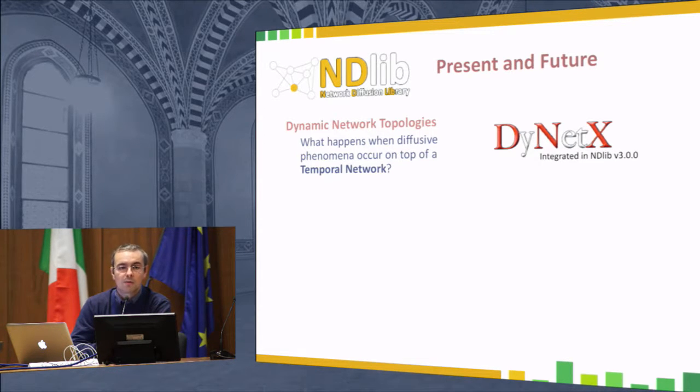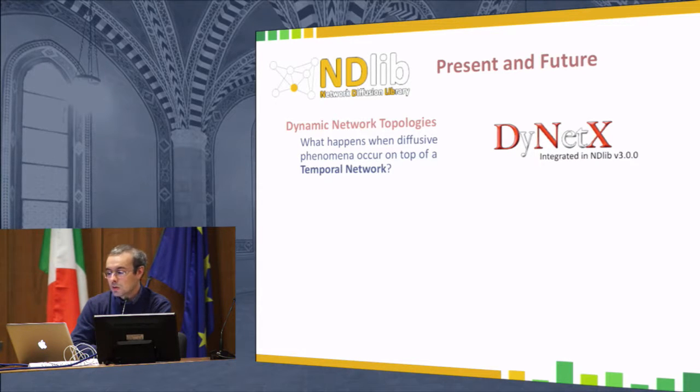So if we want to model the diffusion of information or ideas that works through the call graph, we need to take into account also the evolving nature of the network topology, not only the diffusive process that works upon it.